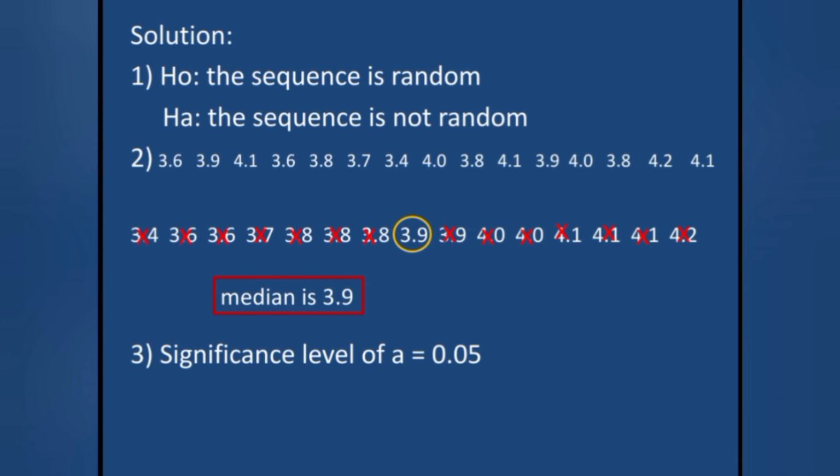So, ang below the median, let's say natin na ang symbol niya is minus. And above the median, ang symbol niya is plus. Ayan. I-discard natin any value that is equal to the median. So, hindi nakasali ang mga 3.9. Ngayon, let's count the number of runs.